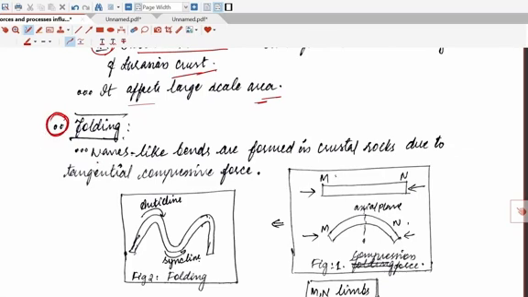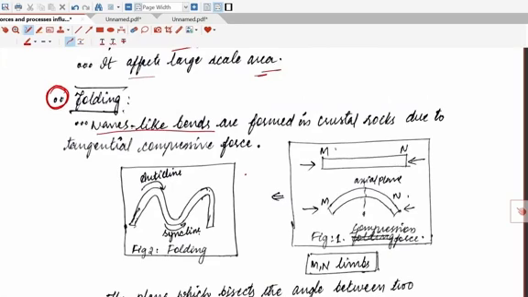Wave-like bends are formed in crustal rocks due to tangential compressive force. Let us consider this is the continent, and due to compressional force acting on two limbs, these are called limbs. On both sides of the limbs, compressional force is acting, due to which this gets compressed and forms a curve.